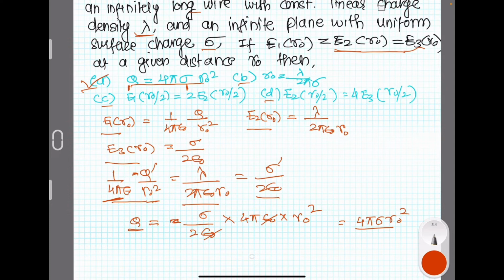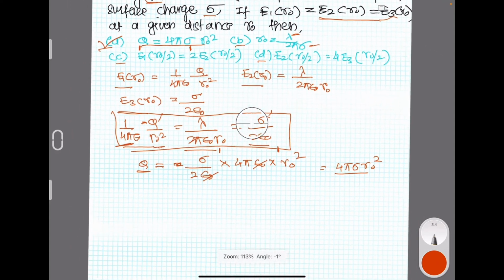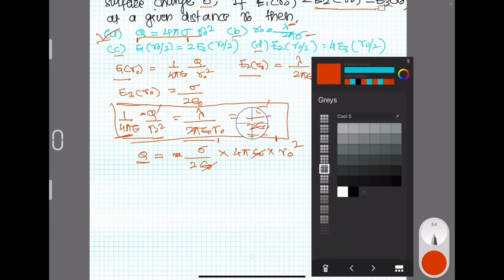In the second option, we have to find the relation between lambda and sigma. So in this relation, we will equate the second and third expressions.